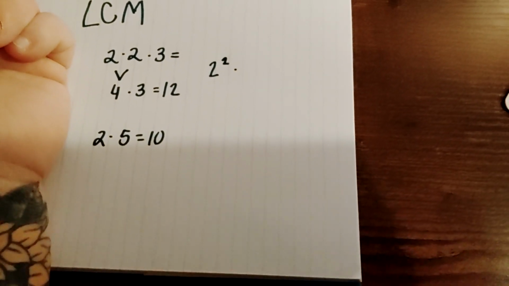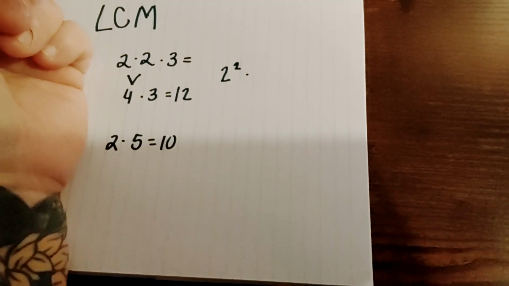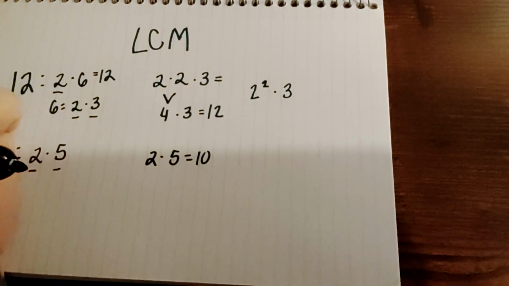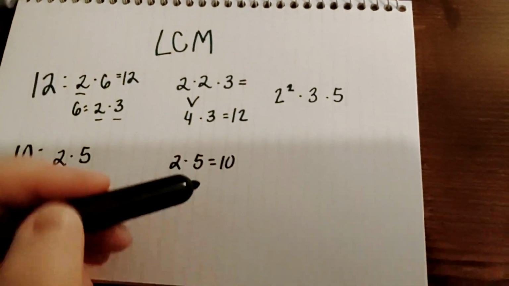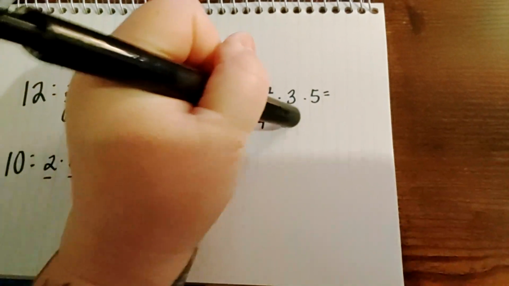So what we need to do is take 2 squared times what? Times 3. That's right, because that's our prime number. Times what is our other prime number? 5. Let's see what this equals. 2 squared we know is 4, times 3 times 5.